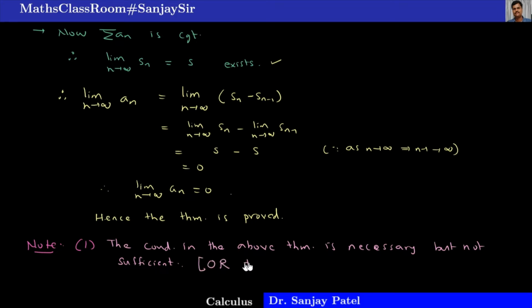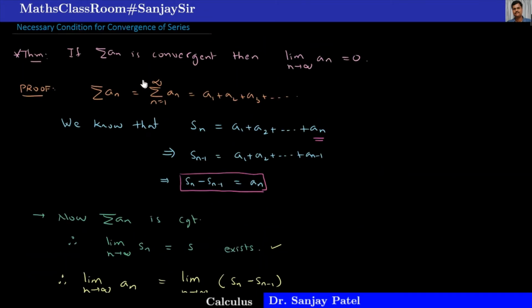The converse of this above theorem is not true. What is the meaning of this? The theorem says if sigma an is convergent, then the limit of the nth term an is 0.